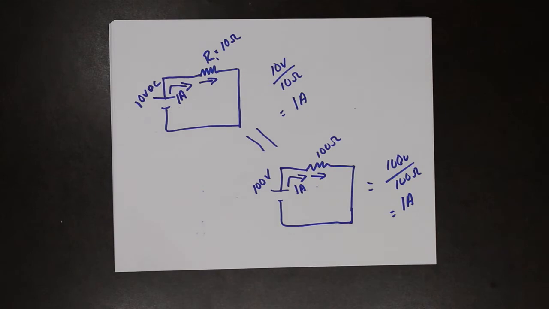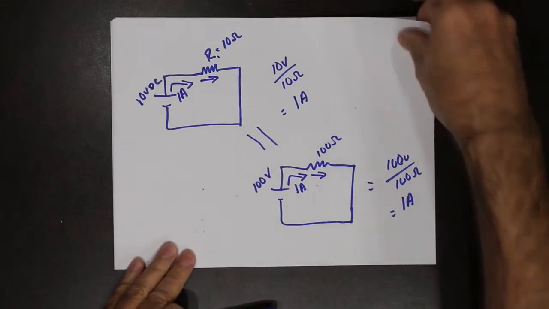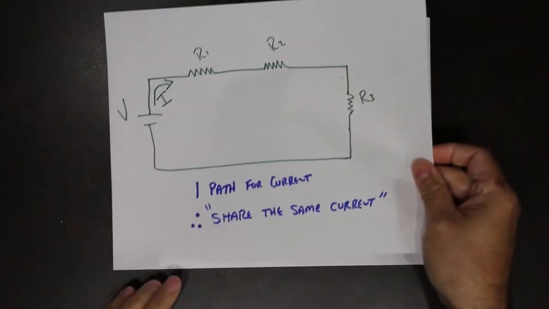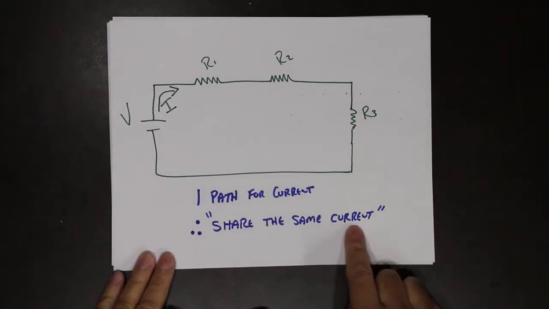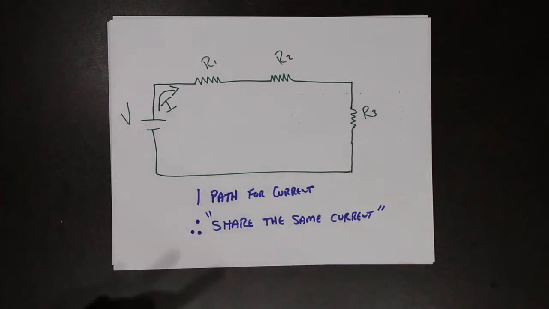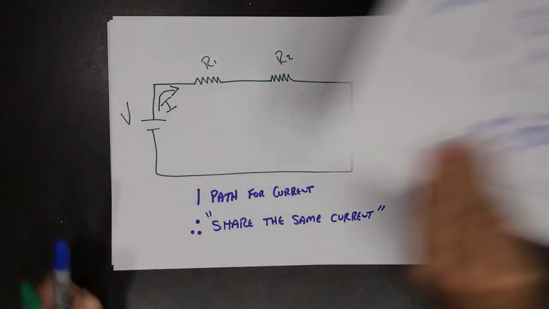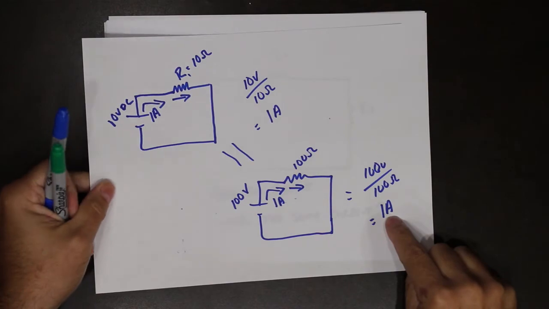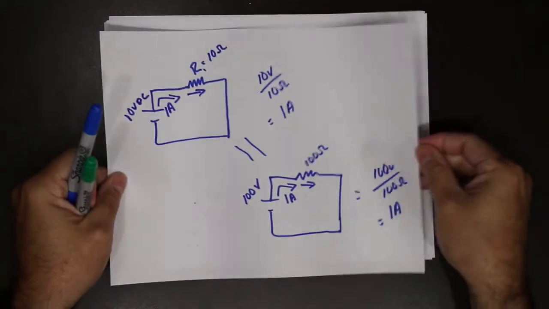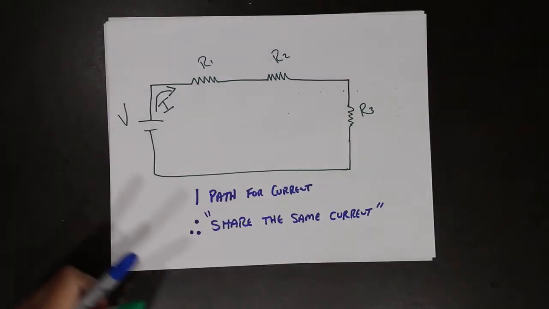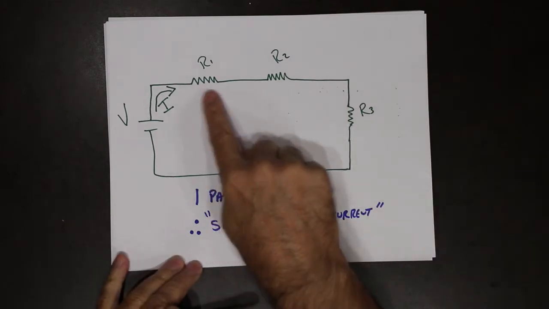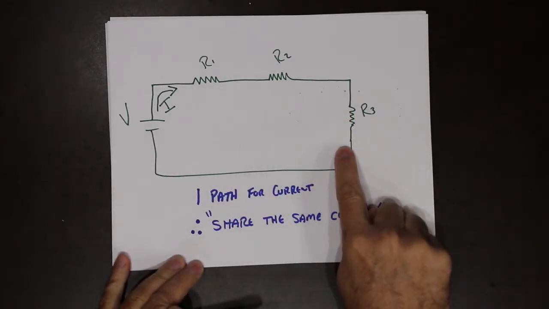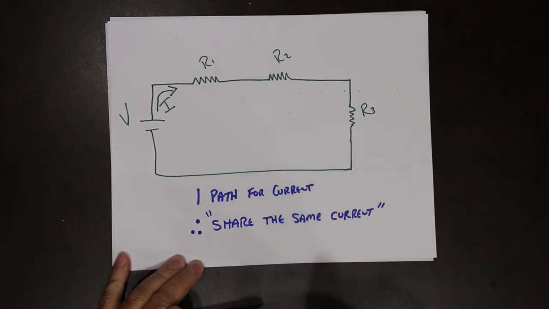So in order for something to be considered to be in series, they must actually share the same current. So even though in this case the value of current is the same, it's not the same current. Here, the values will be the same, but also the electrons are the same.